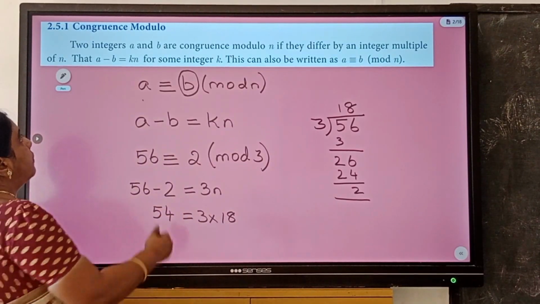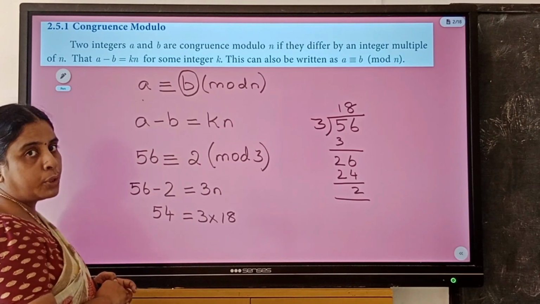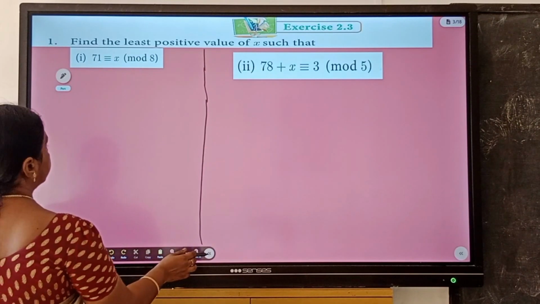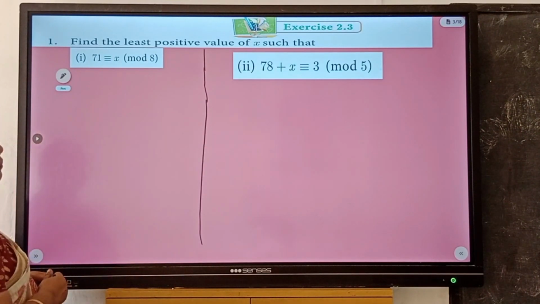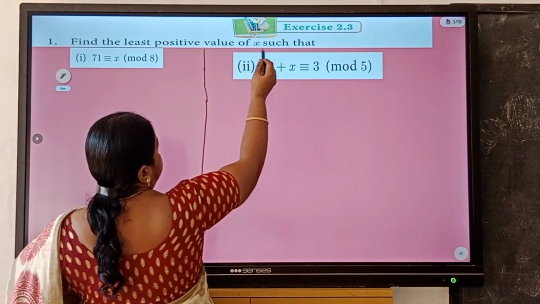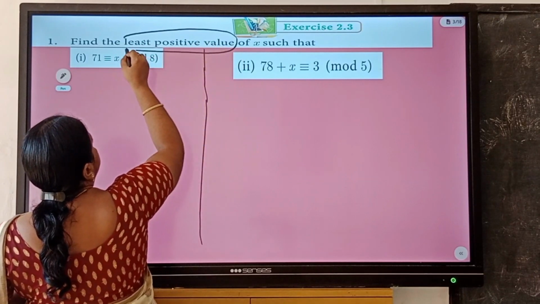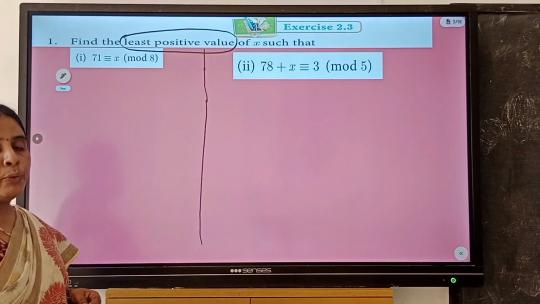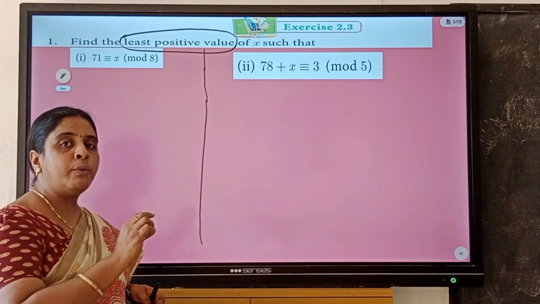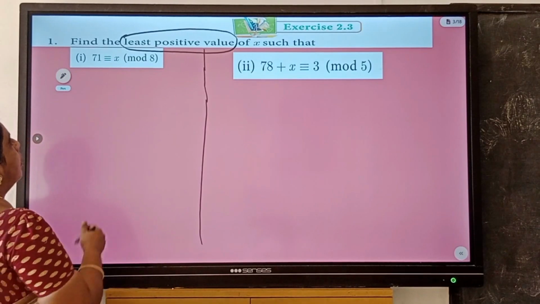So this is what we are going to do in this congruence modulo. So let's move on to the exercise. Find the least positive value of x such that, here it is given least positive value, which means that there are many positive values, but among those I want the least, the first starting number of x.